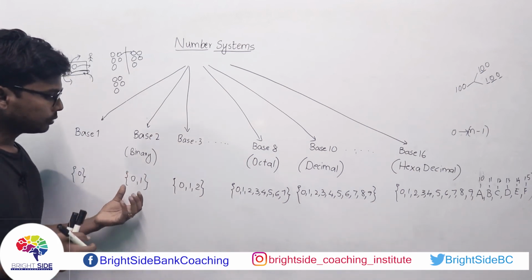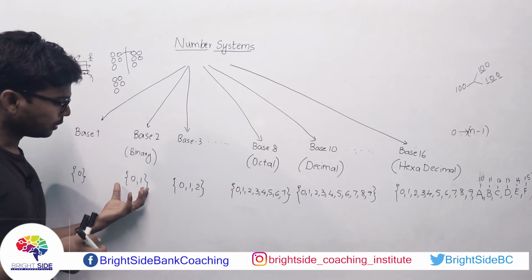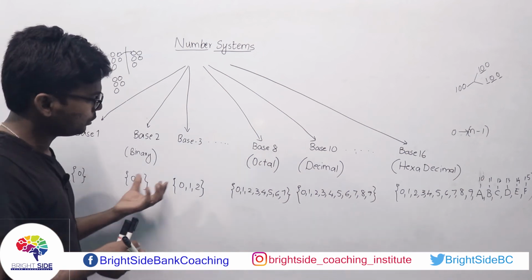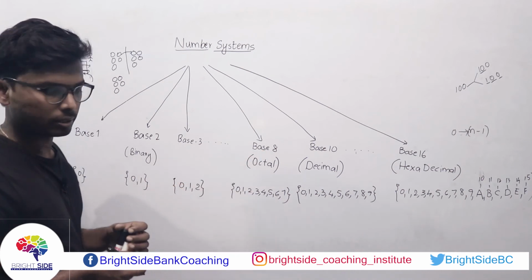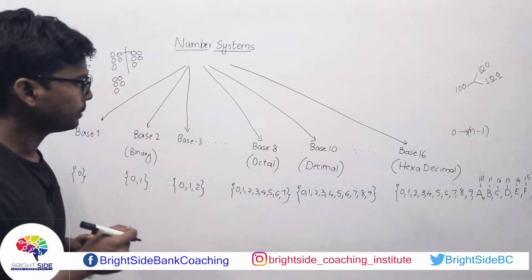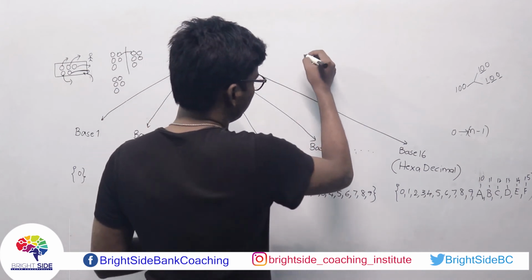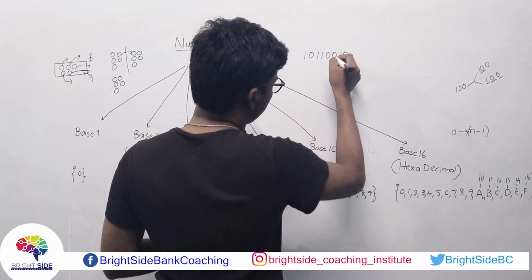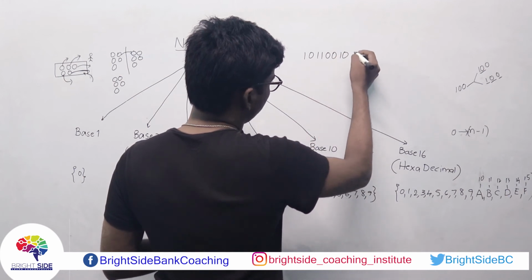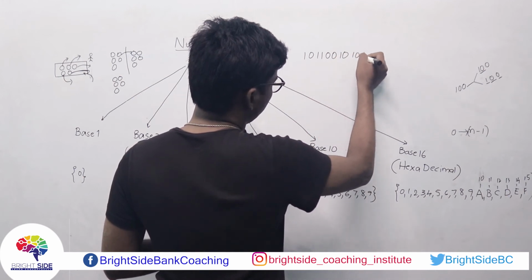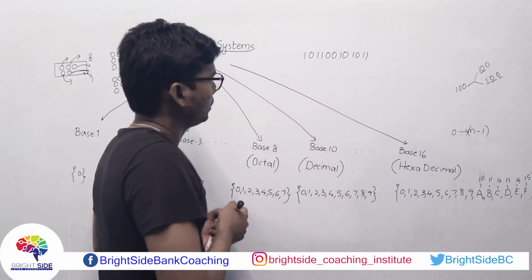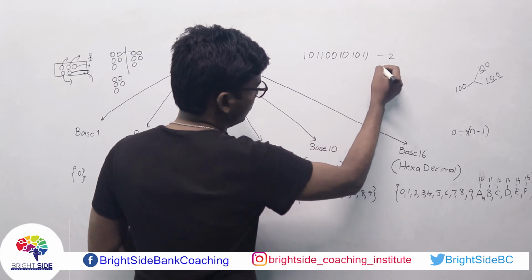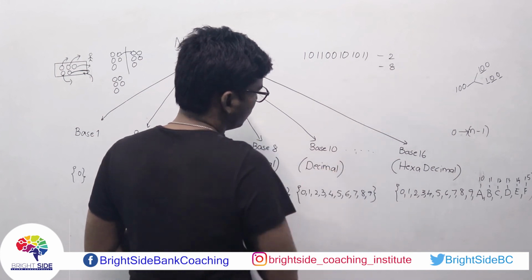If you have a number in base 2, you can easily convert that number into base 8 and base 16. I'll take an example. Let us suppose this is a number in base 2. What will be the number in octal?